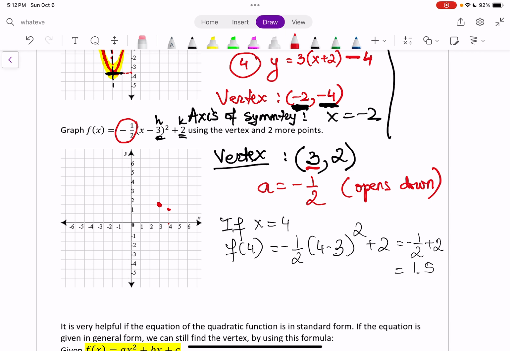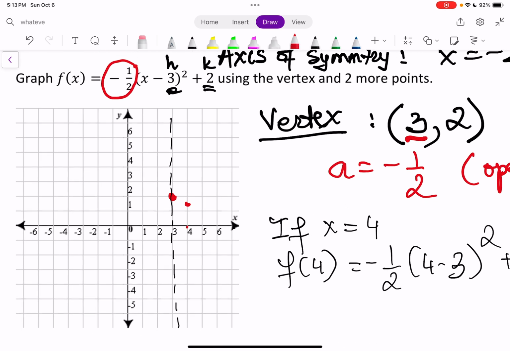And that's really all I need, because we know that this parabola is going to be symmetrical about the line that goes through its vertex. So therefore, this point to the left of it is exactly the same way.